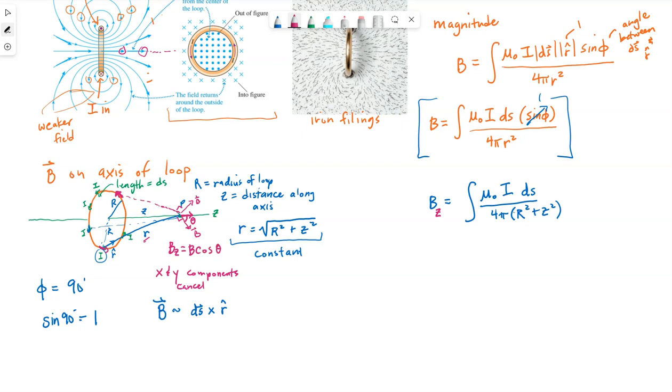So theta just represents the angle between the magnetic field and the Z-axis. So my equation needs a cosine theta because this portion represents B, the magnitude, which we're going to integrate in a minute. But I need to multiply by cosine theta to get the Z component, so that when we integrate, our integration will add up all of the Z components created by every portion of this loop.